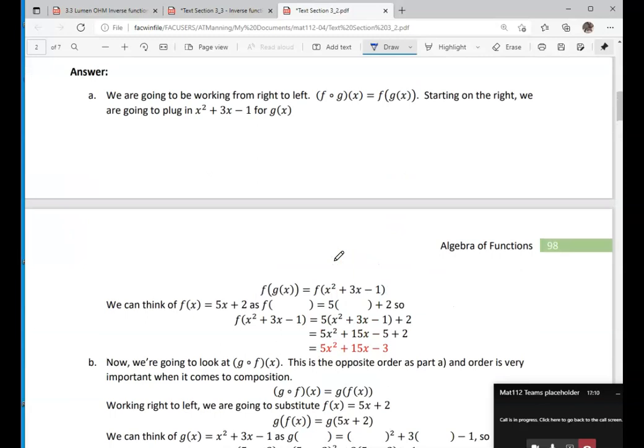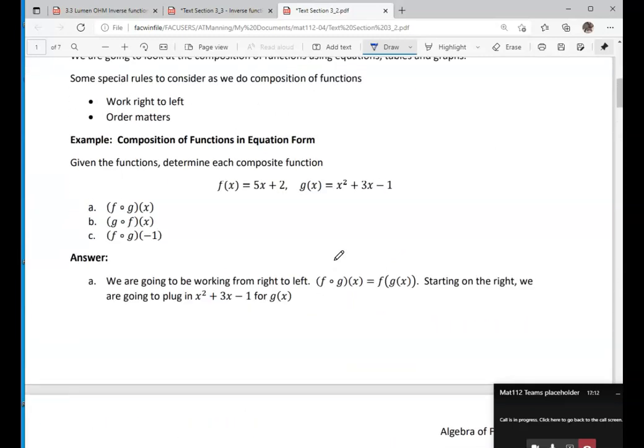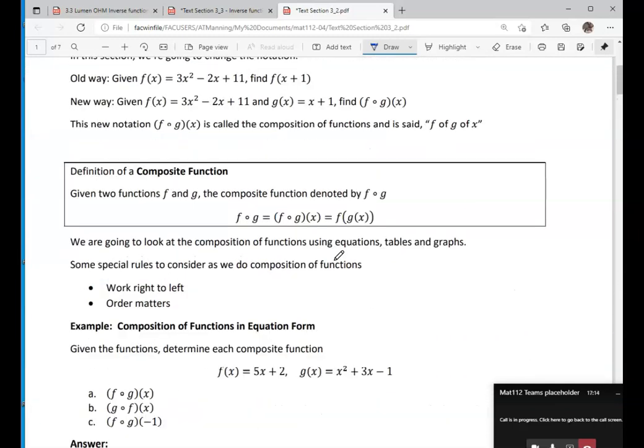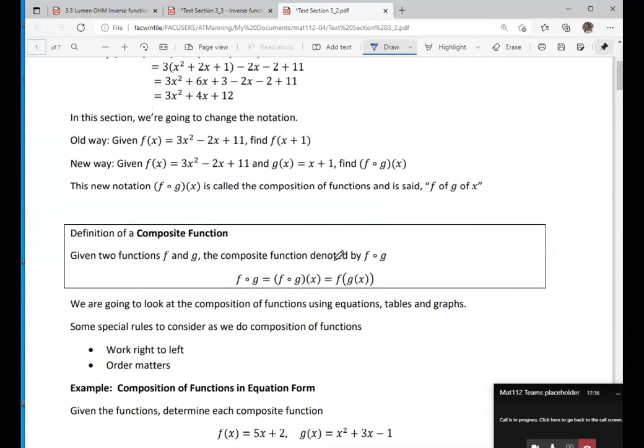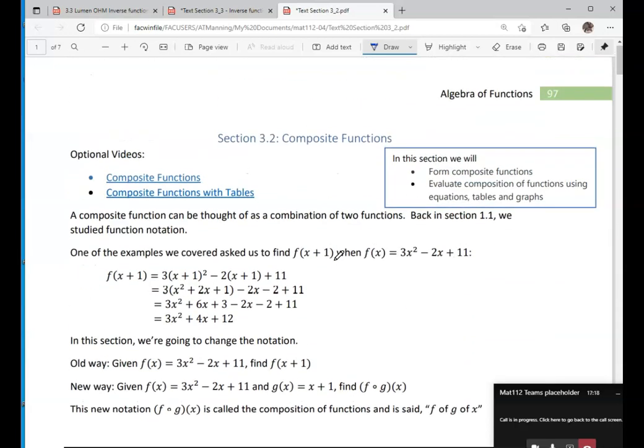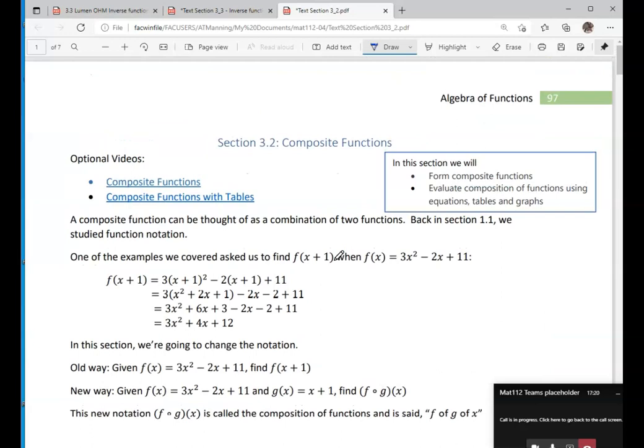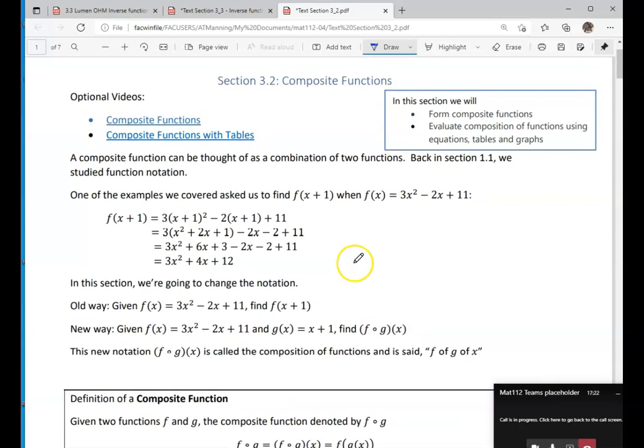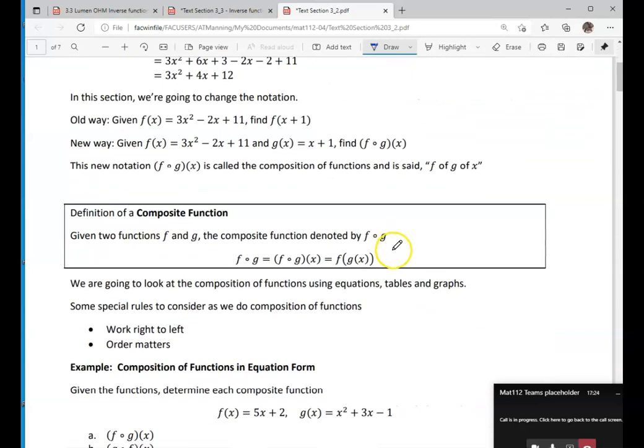I went through all of this. If you need to, let me know and I can go over some of that. But we did all this last Thursday. Right? Composite functions. Yeah. So check the video. I'll upload that. If I missed anything, I'm happy to go back over it if it was foggy or anything. Okay?